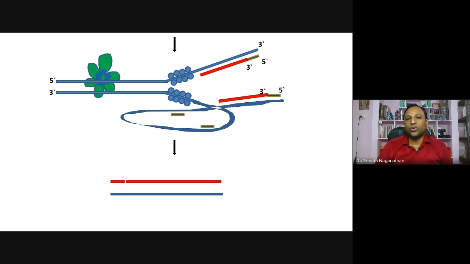And you can see here there is a small gap or a nick present. To fill up this nick, we have to use another enzyme that is called DNA ligase. DNA ligase will bind the nick or fill up the nick, and it will make it a single strand.